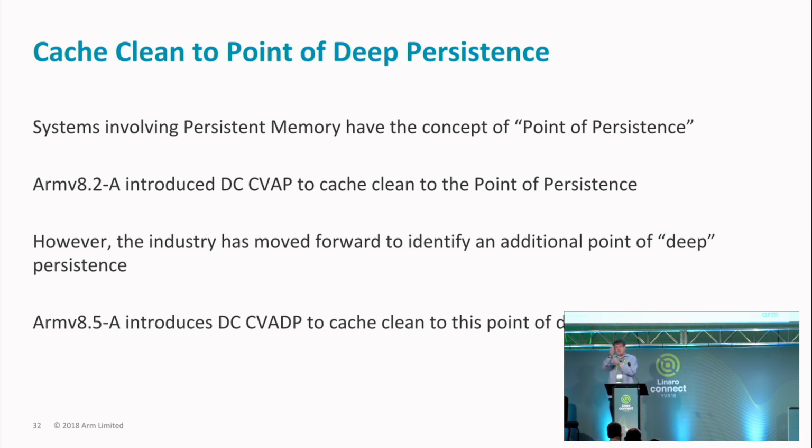And then there's the point of deep persistence, where even if that remaining energy fails, the data is persistent. So that's when it's really in your persistent memory. 8.5 introduces a cache clean to this point of deep persistence.